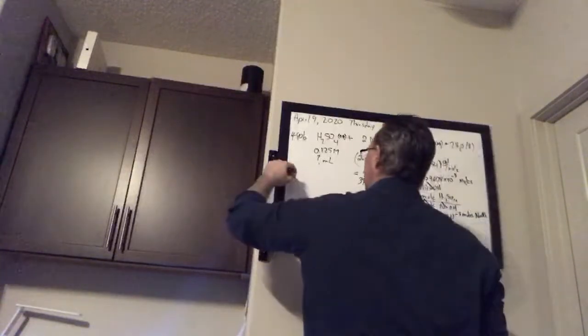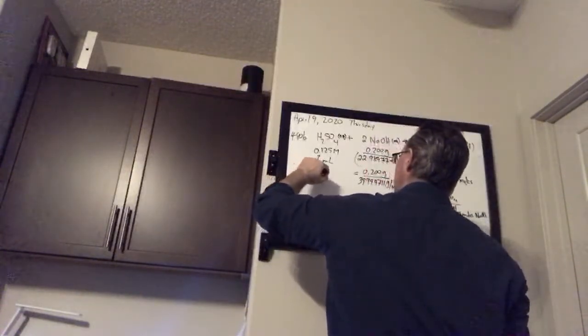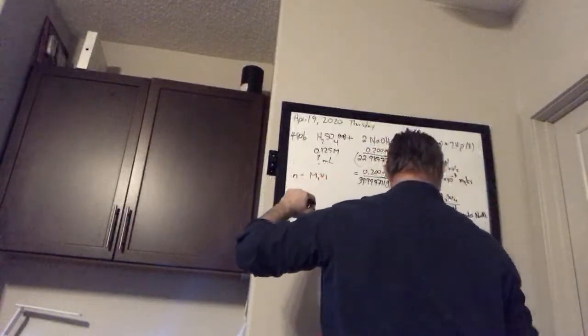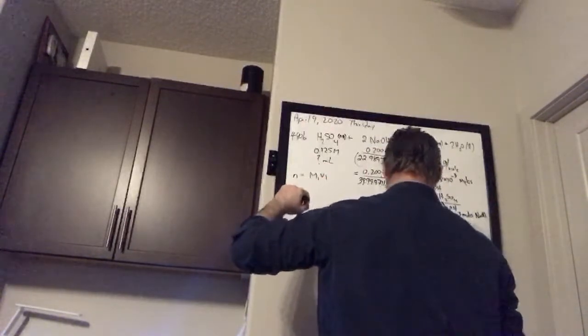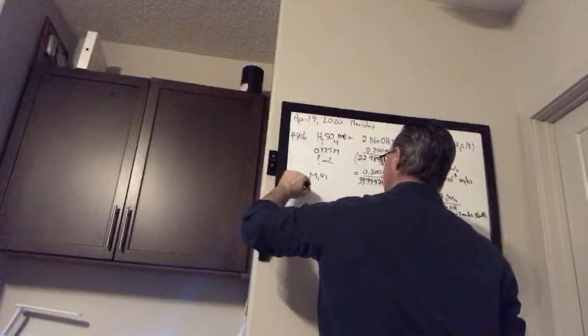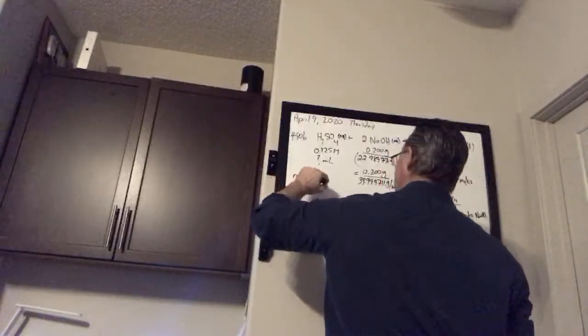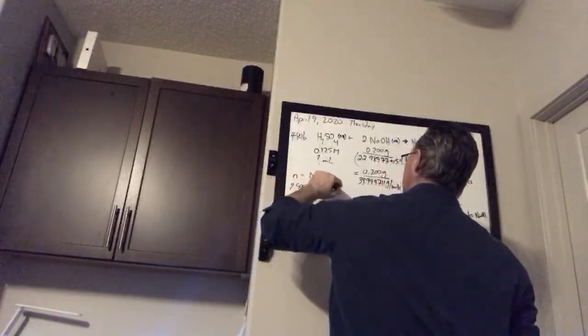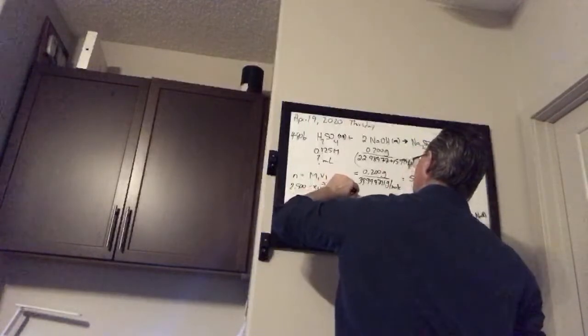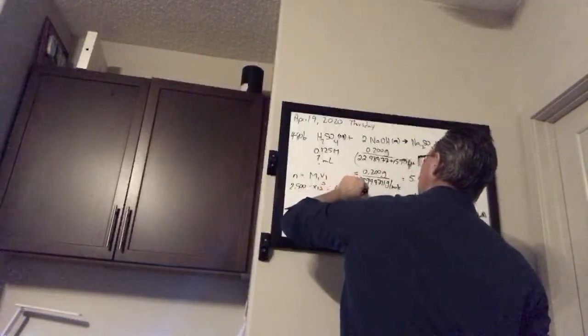Using M1V1 equals M2V2, that's the N. So 2.500, etc., times 10 to the negative 3 is equal to 0.125 molar times the V1.